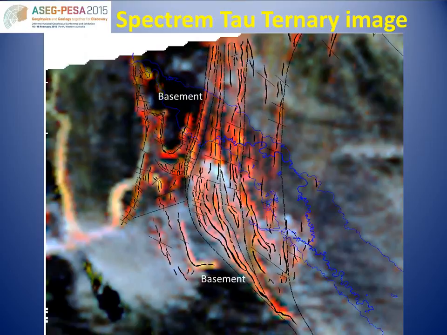When you do a ternary image of the late tau, the mid tau, and the early time channel tau from the Spectrum data using RGB, you get a very impressive image which shows all of the most conductive units in bright red, all the Kalahari cover in this creamy color, and it actually sits like a blanket over the top of these shales over here.